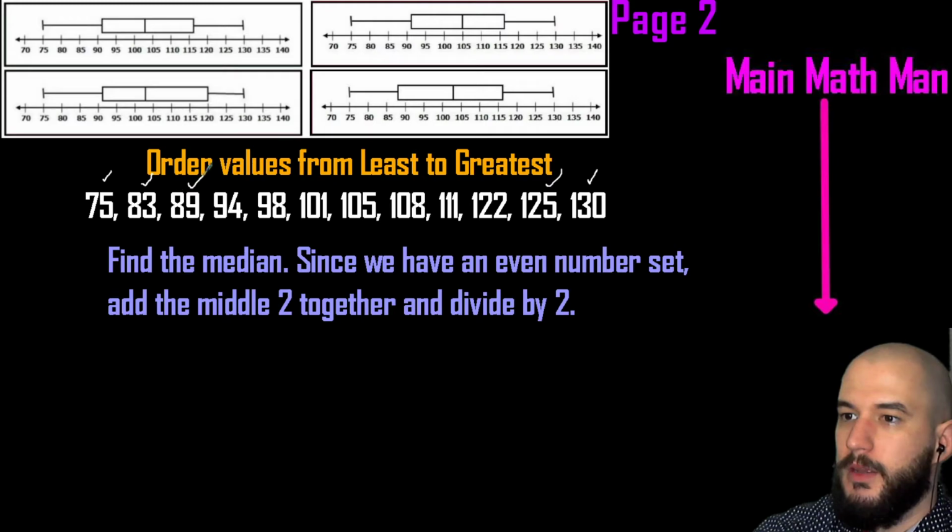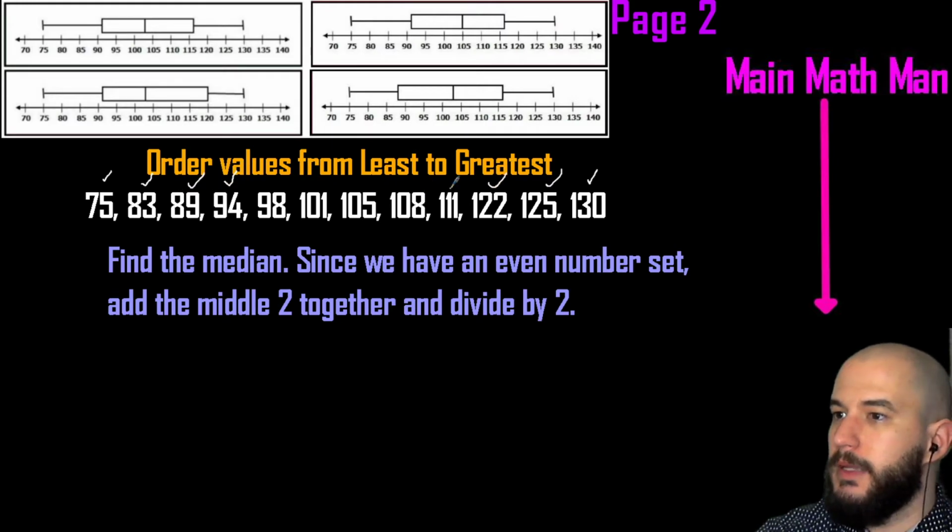Since we have an even number, we should end up with 2 numbers in the middle. And don't panic, it is okay. We have 5 numbers to the right, 5 numbers to the left, and so we're looking for a number right in between 101 and 105. So let's see what we can find.